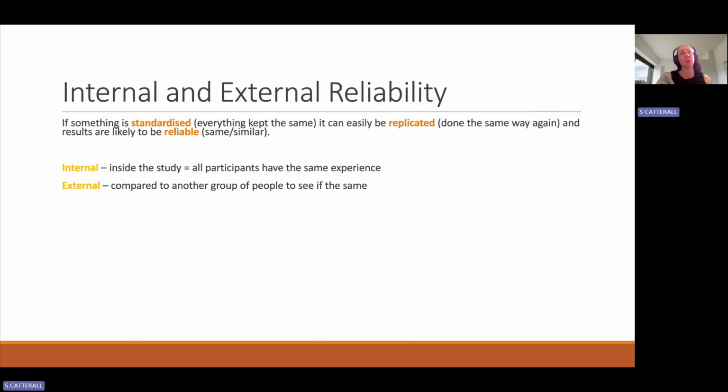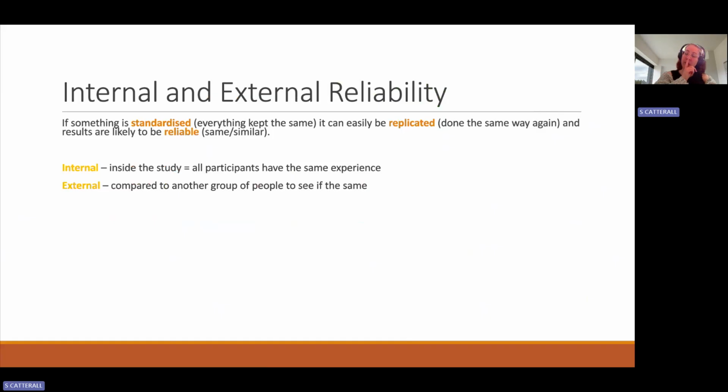So that means that you are trying to see, if you do it again with a different group of people outside of that original study, will you get the same results? So you kind of need to mention with external reliability that you'll do it on a different group of people to see if they're the same as your original study. On the mark scheme for the one that did come up, it said something like you could test it on one group of people and then test it again on another group of people and compare the results to see if they change.